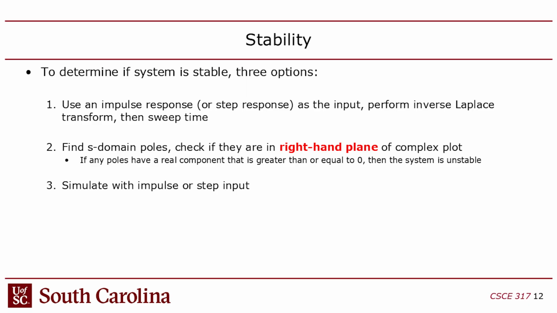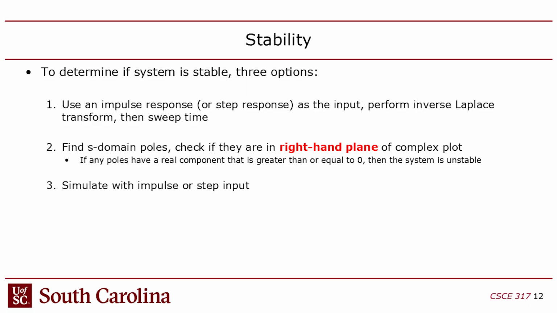In this class, we don't care much about the zeros. I mean, there's reasons why you want to know where the zeros are. In this class, we only care about the poles, because the poles are going to tell you whether the transfer function is stable, whether it's bounded input, bounded output stable, right?